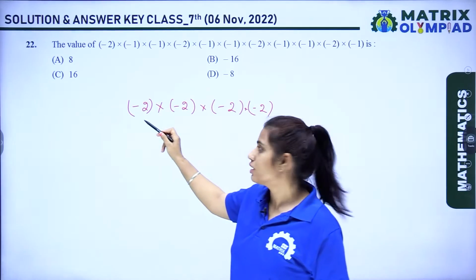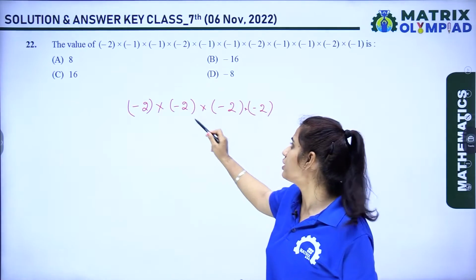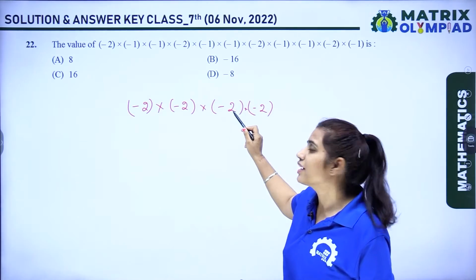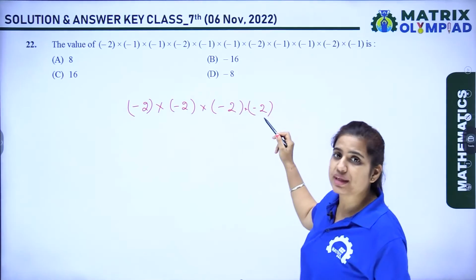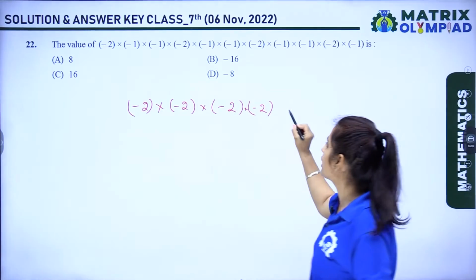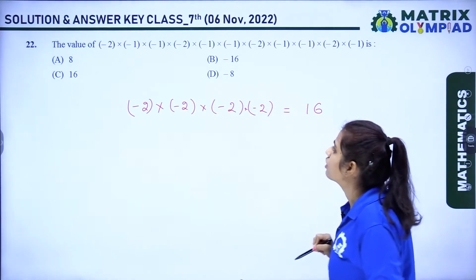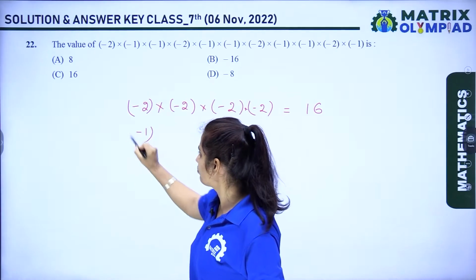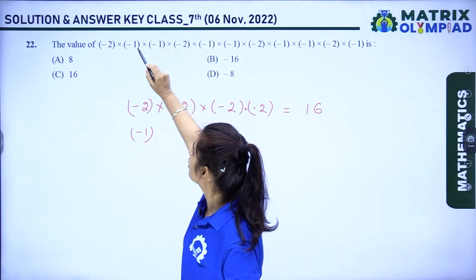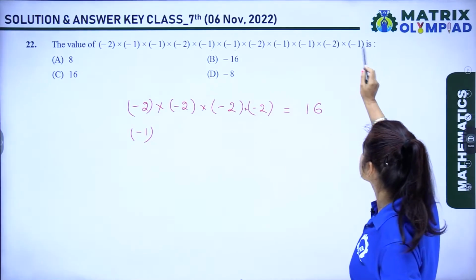So here we get negative 2 multiplied by negative 2 is positive 4. Positive 4 multiplied by negative 2 is negative 8. Negative 8 multiplied by negative 2, we get positive 16. Now let's count how many negative 1 we have. 1, 2, 3, 4, 5, 6, 7.